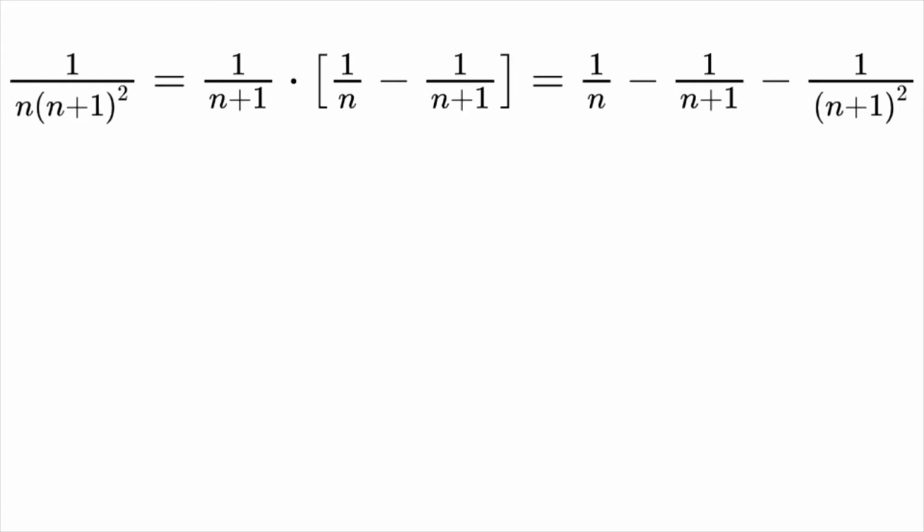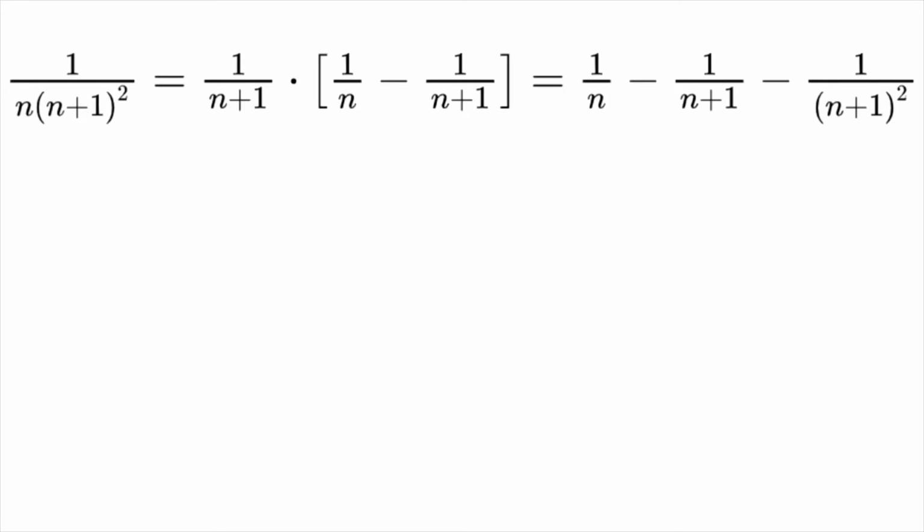The next clue is how we can write 1 divided by n into (n plus 1) whole square in partial fractions. Initially, we take the common part 1 divided by n plus 1, then we break 1 divided by n into (n plus 1). It is very easy. We can write 1 divided by n into (n plus 1) in the form of 1 by n minus 1 by n plus 1.